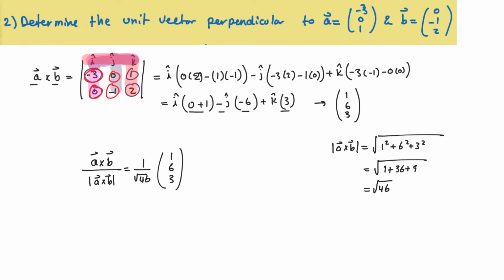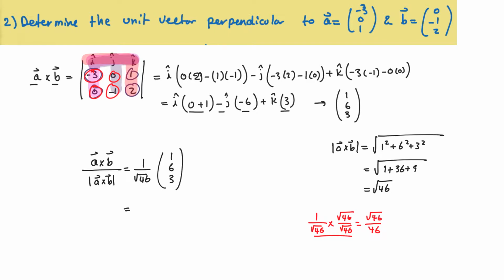And we can rationalize this. I do like to rationalize my final answer. So whenever we have 1 over root 46, we multiply it by root 46 divided by root 46. And the denominator will become 46 and the numerator becomes root 46.